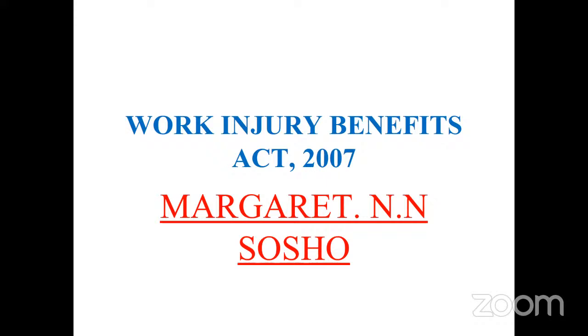Occupational disease. These are diseases that you usually contract in the course of the work that you are doing at that workplace. For example, if you see people working in hospitals, TB is an occupational disease.